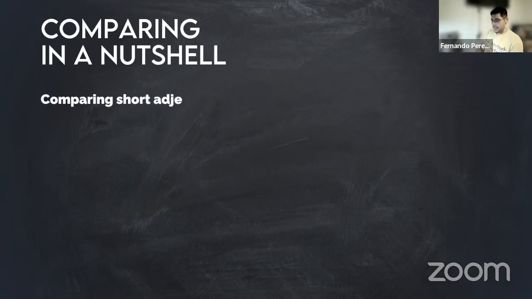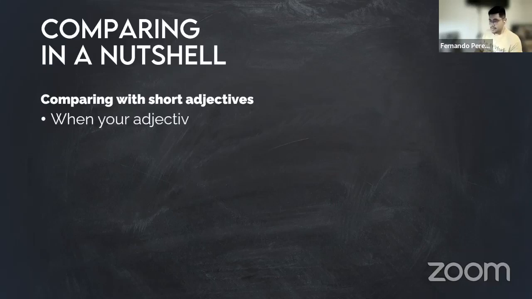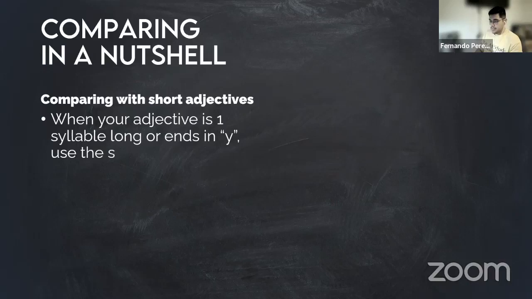Comparing short adjectives: when your adjective is one syllable long or ends in Y, use the syllable er, and for the number one, the syllable est. Okay.